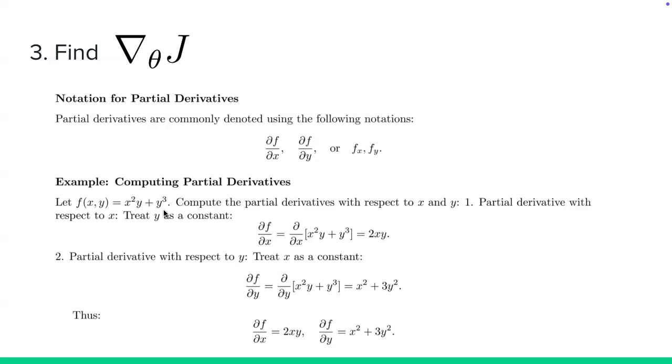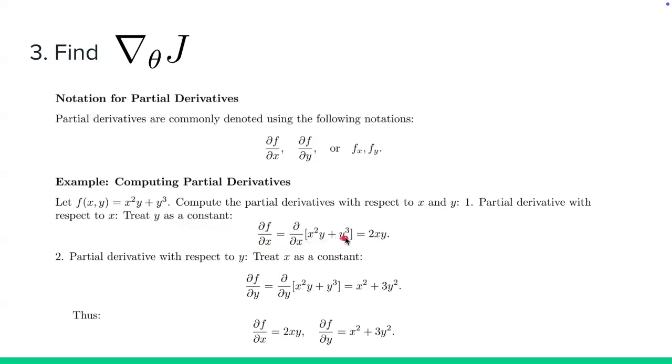To do that, we first compute one derivative at a time. We compute the partial derivative of the function with respect to x, and then we compute the partial derivative with respect to y. Then we store these two derivatives in a vector or a list. In this example, first we compute the partial derivative with respect to x, so we treat y just like a constant.